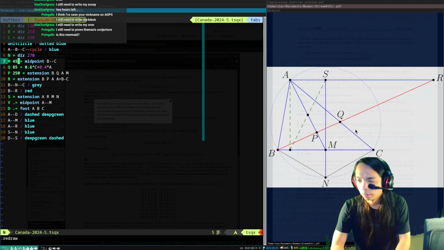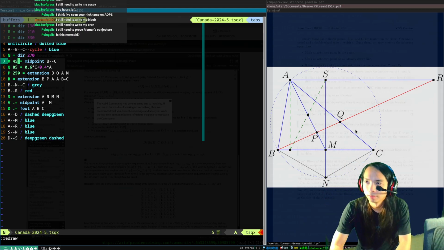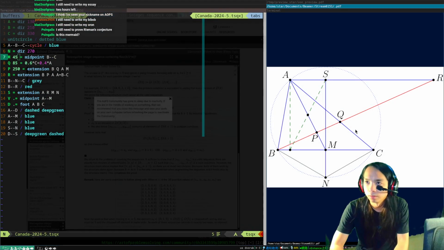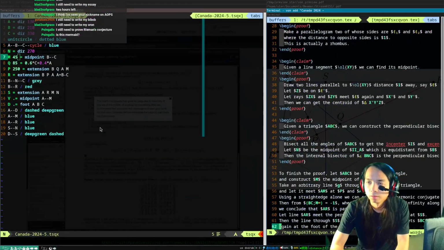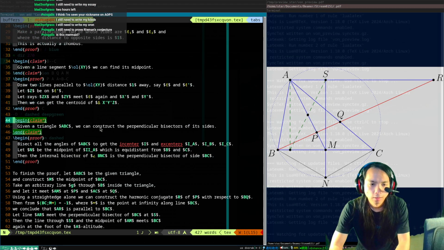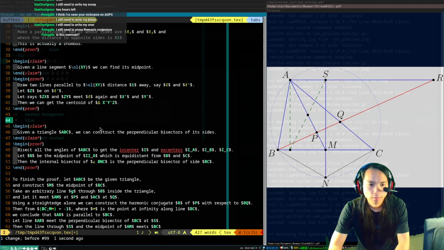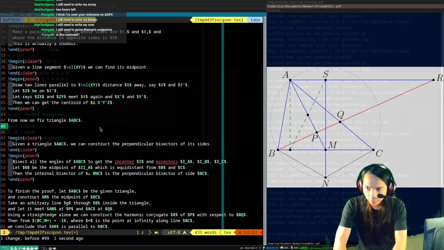You know, I will actually name it properly. I want to change the names. From now on, fix triangle ABC. See the figure below.